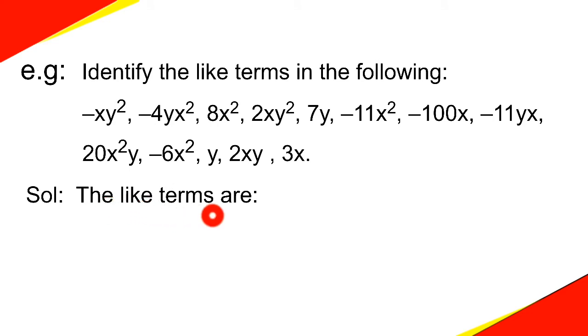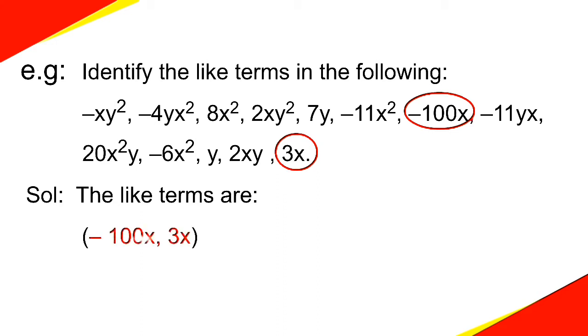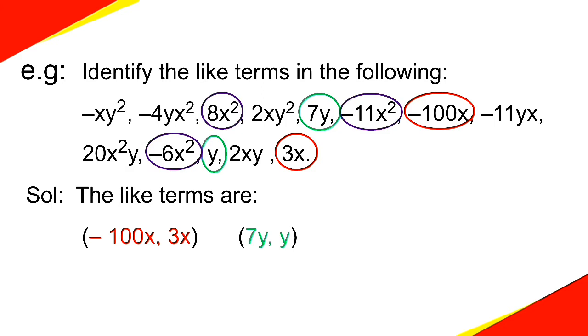What are the like terms we have? 3x, minus 100x are one set. Next, y, 7y are one more set. Next, minus 6x square, 8x square, minus 11x square are one set.